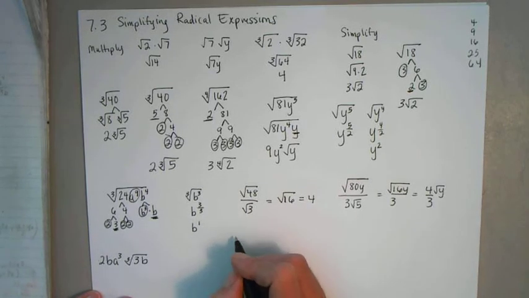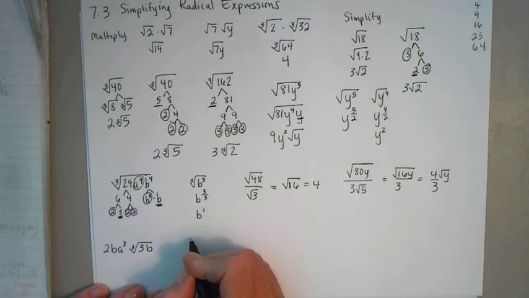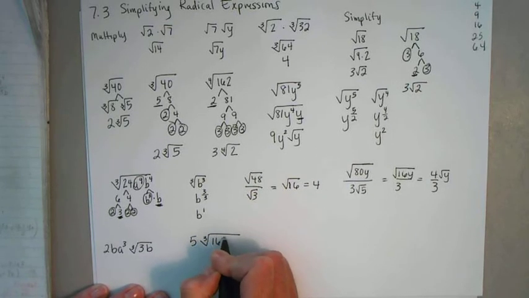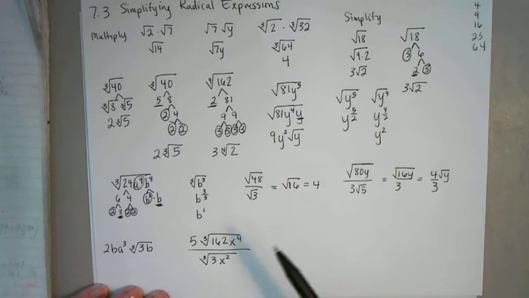Alright, how about this one? Let's do 5 times the cube root of 162 x to the 4th divided by the cube root of 3x squared. Alright, now this whole thing and this whole thing are both in cube roots, so I can do that division.